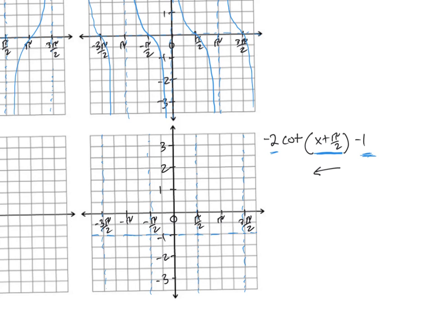So the new center is going to be here at negative 1. Now that negative 2 in front means that it's going to be a lot thinner, but it's still going to fall within the same parameters. So the curve in the middle is just going to be thinner, and also the negative is going to flip it upside down. You just have to draw something that's leaner, maybe closer to a line.